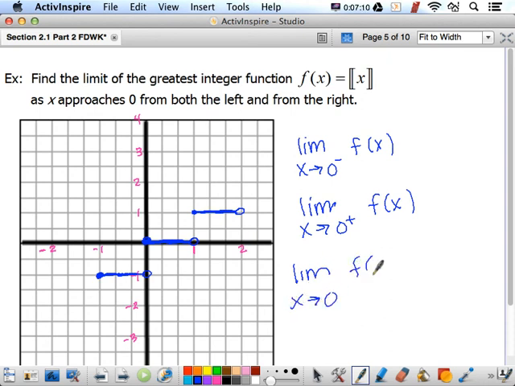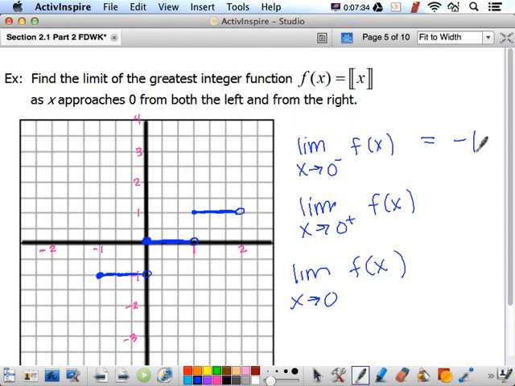So, let's take a look. What do you think the limit is as I approach 0 from the left? Here's my 0 mark. The y-axis is your 0 mark, right? As I come in towards an x value of 0 from the left, what number am I approaching? Negative 1.